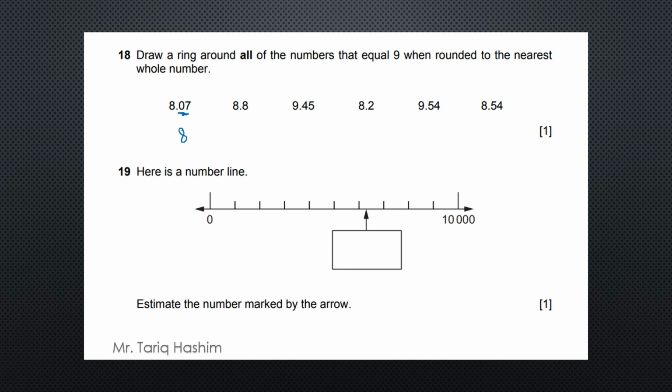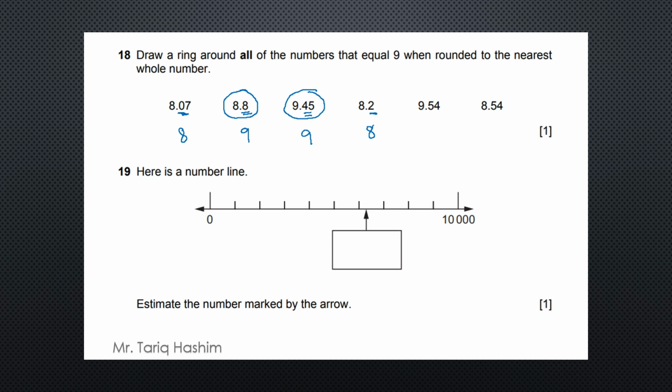Here we have 8.8. So this 8 after the decimal point is more than 5, so we have to round the number up and it will be 9. So this number will be 9. 9.45, we have 4 after the decimal point, which is less than 5, so we'll just keep the number as 9. This also will be circled. 8.2, we have 2 here, so this number will be 8.